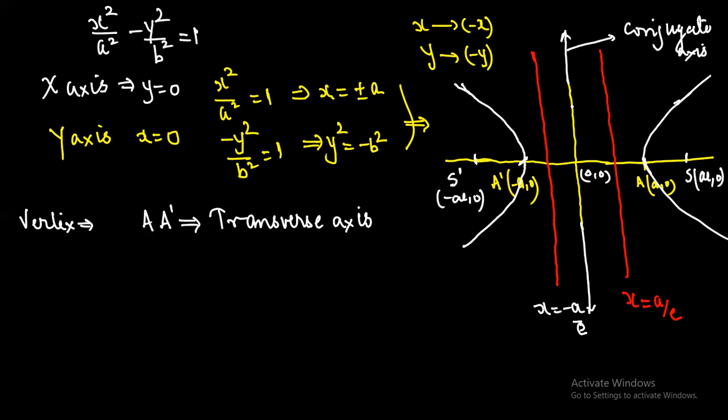For this, we considered two points, as in the ellipse, B and B'. Let's consider these as (0, b) and (0, -b). The line joining B and B', which is perpendicular to the transverse axis and passes through the origin, is called the conjugate axis.